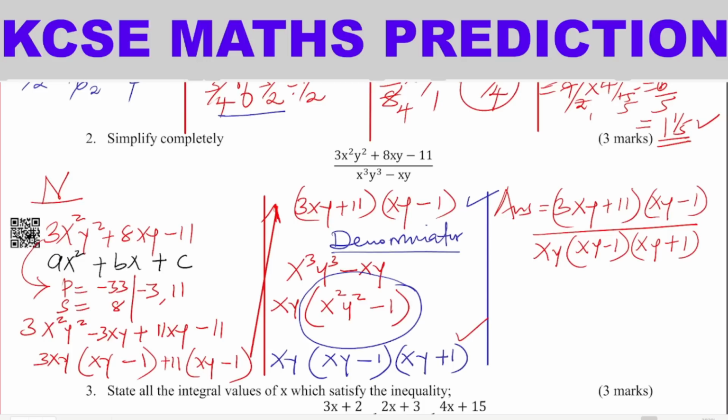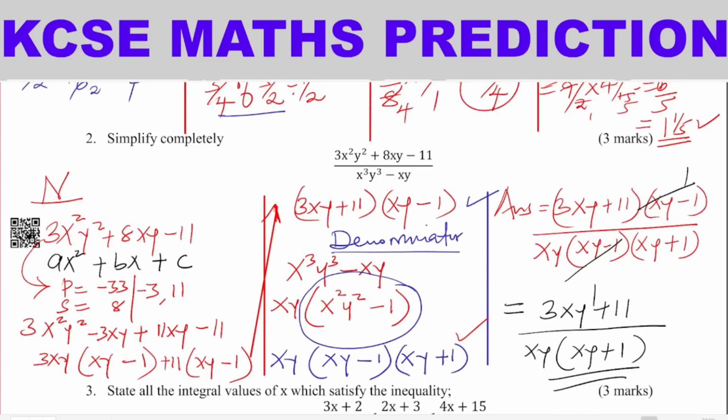So from there you notice this one will divide out and you remain with 3xy plus 11 in the numerator, then everything divided by xy into brackets xy plus 1. So that is the final solution.